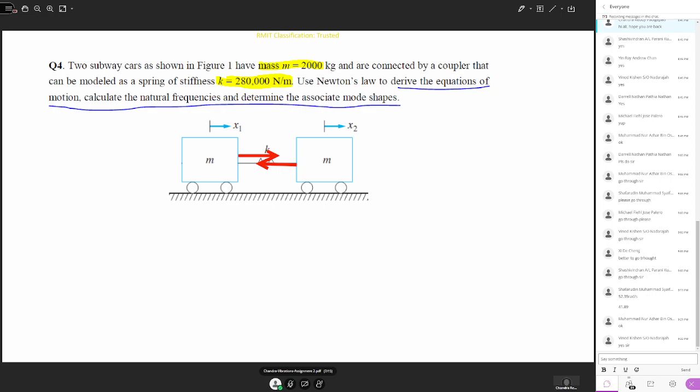For mass one, you can write m x1 double dot. This is the net force acting on the system. For the first mass, this is equivalent to k into the difference in the displacement. Mass 1 is x1, mass 2 is x2. Both are connected, so the displacement here will be x2 minus x1.